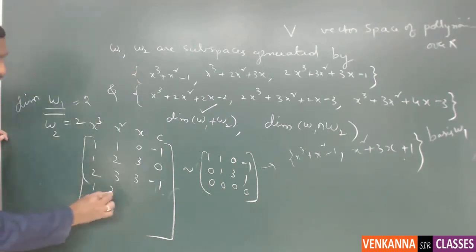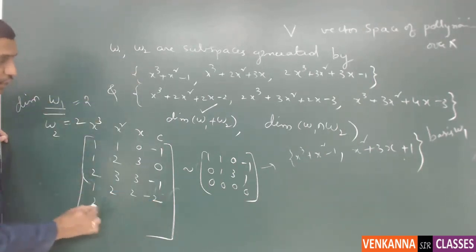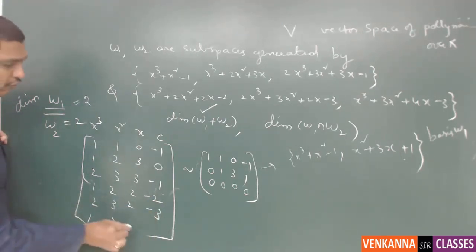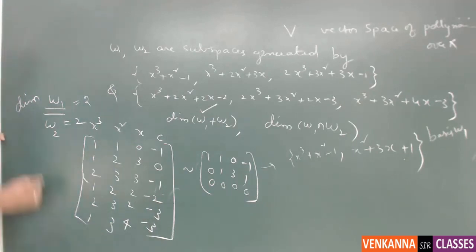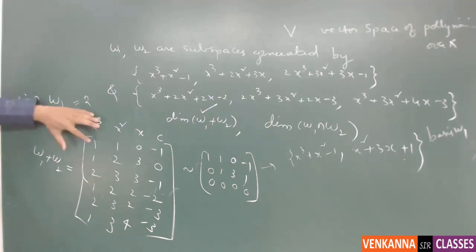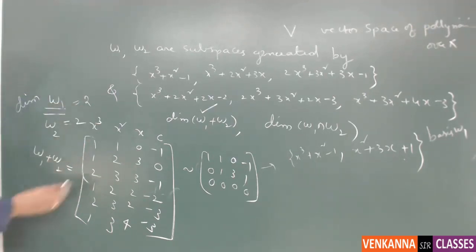So 1, 2, 2 minus 2, 2, 3, 2 minus 3, 1, 3, 4 minus 3. So this is the generating set for W1 plus W2. Right? So for this matrix you apply the row operations. Please understand, you fix the first row, make all these values as 0 first.